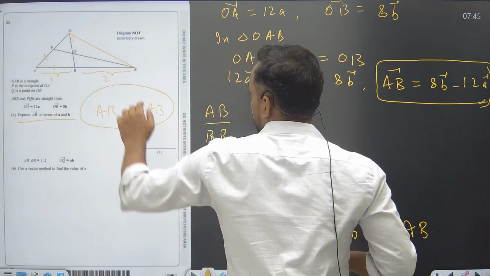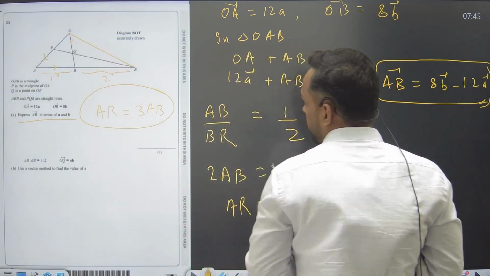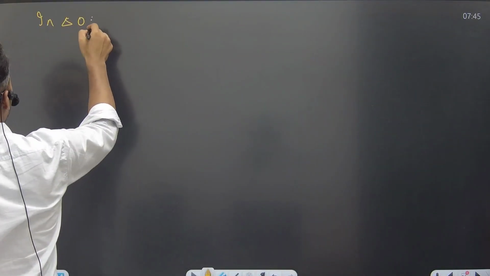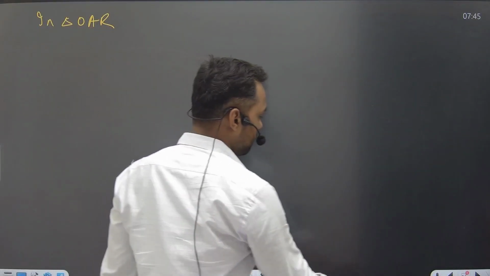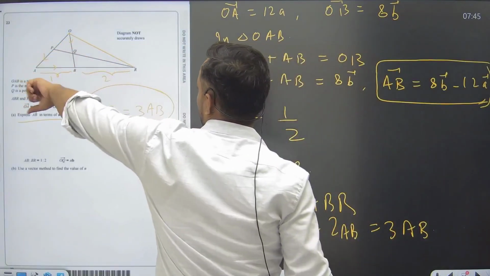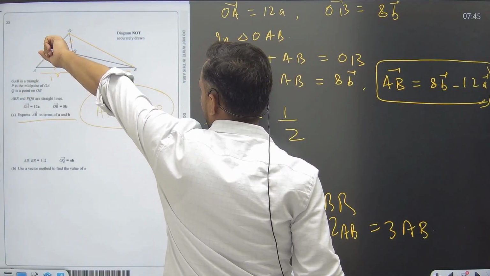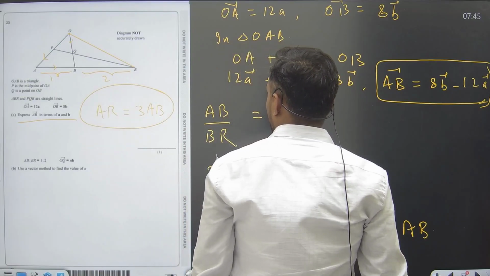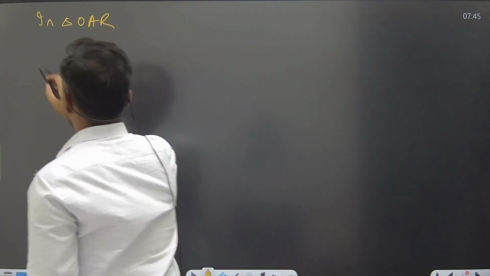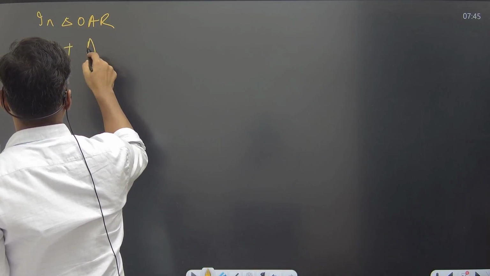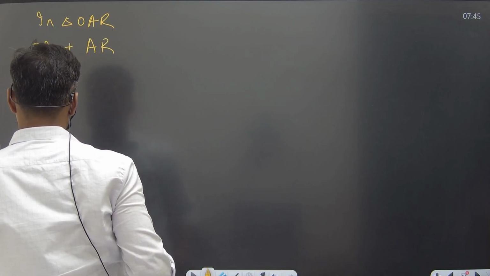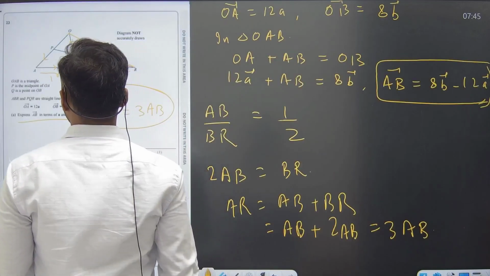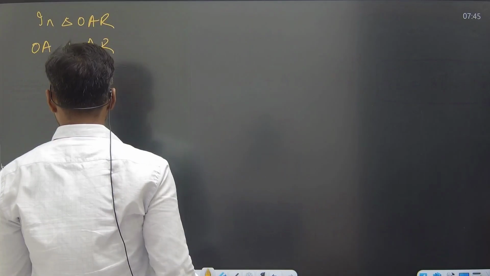Now let's move to the triangle OAR. In triangle OAR, the big triangle I am taking, OA plus AR will be equal to OR.